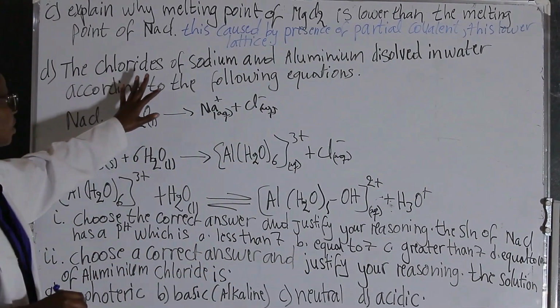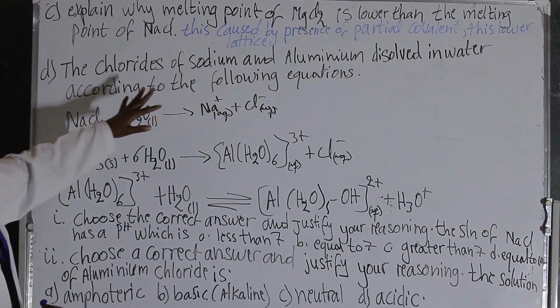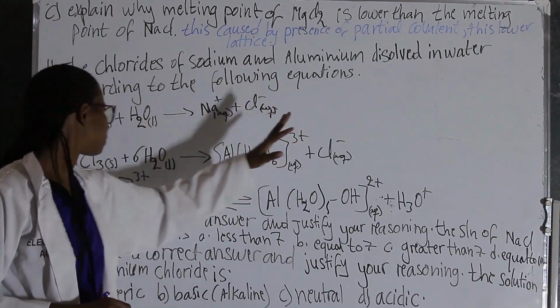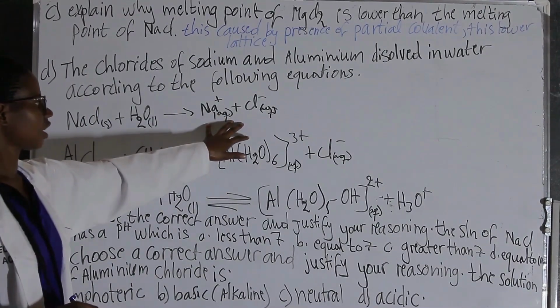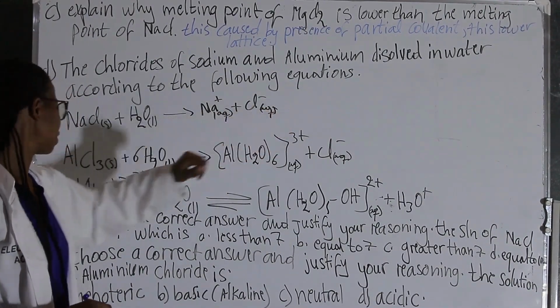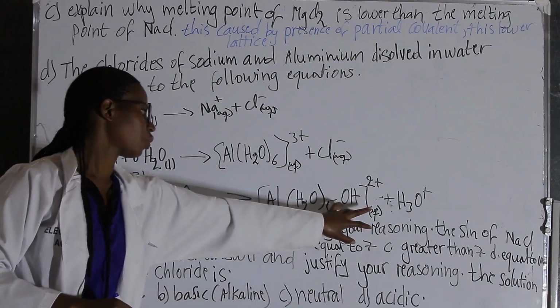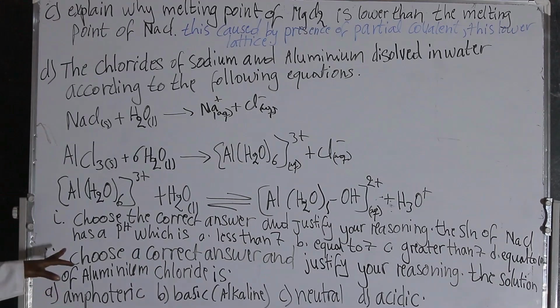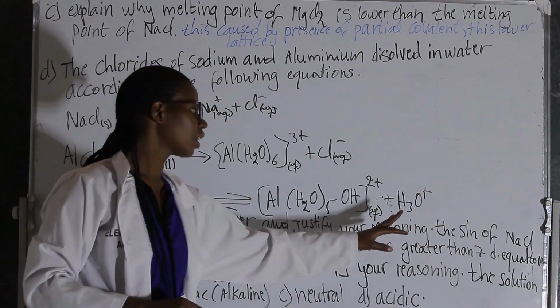For sub-question D, the chlorides of sodium and aluminium dissolve in water according to the following equations. For sodium chloride in water, the products are sodium ion and chloride ion. For aluminium chloride, the product is this one. For sub-question I, choose the correct answer and justify your reasoning.